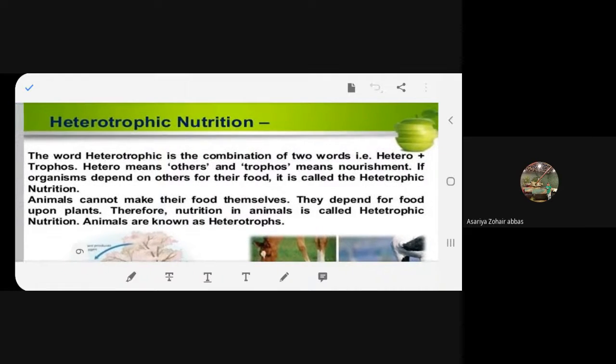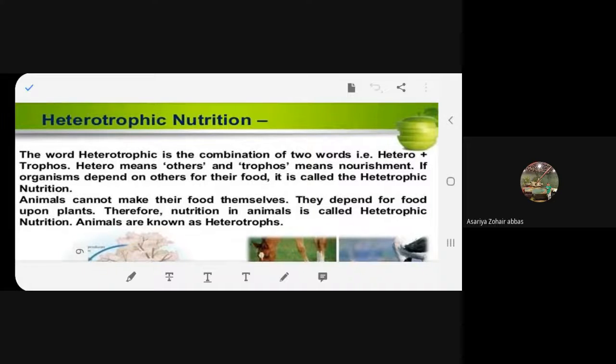So boys, all of you, we are through autotrophic nutrition. That means the green plants are the only autotrophs which can make their own food. Let's come to heterotrophic nutrition. It is made up of again two words, hetero plus trophos. Hetero means that we depend on others for nourishment or nutrition.